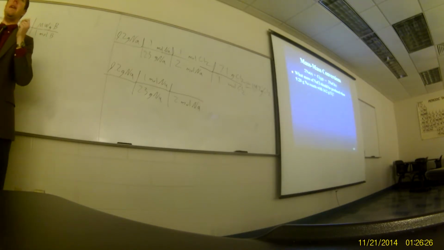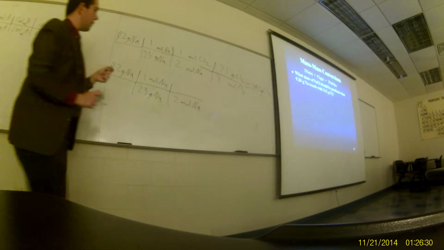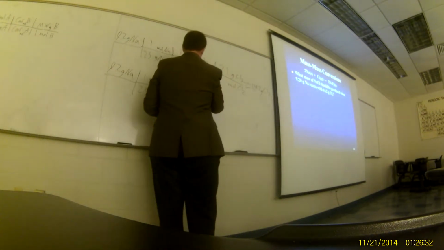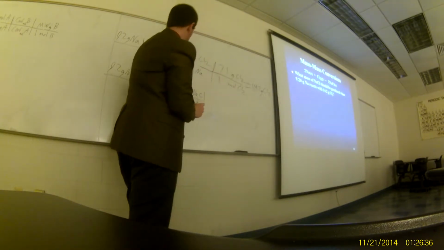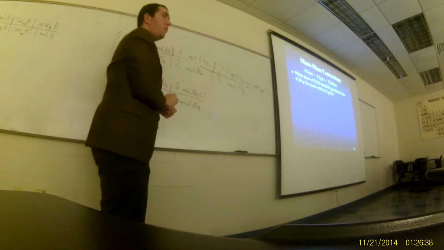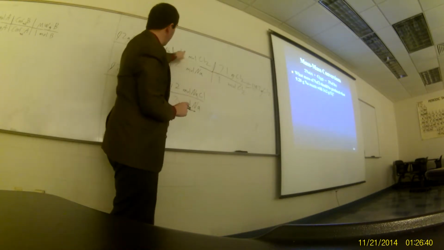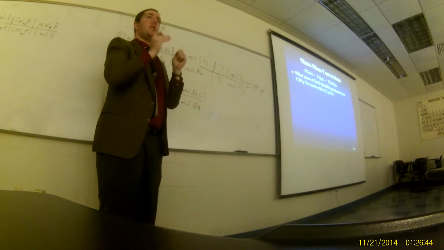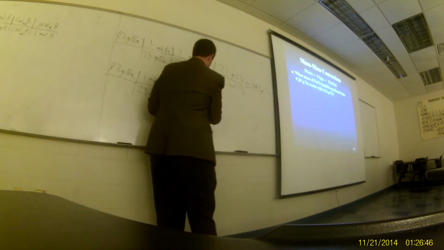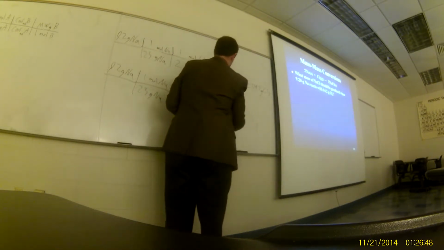What is B now? Sodium chloride. And so now I'm going to have moles of sodium chloride, and sodium chloride is a 2. And so up here I had a 1, now I have a 2. And so my math has changed. And as I go forward, it's going to continue to change.